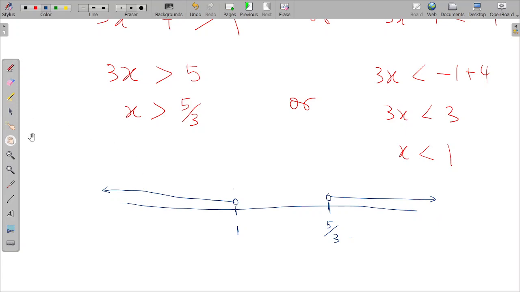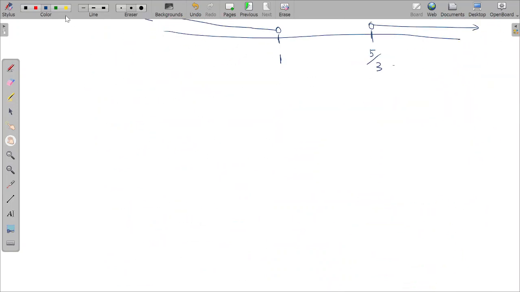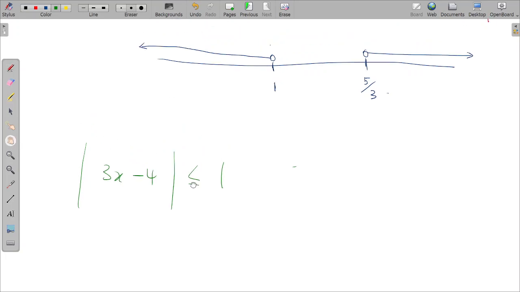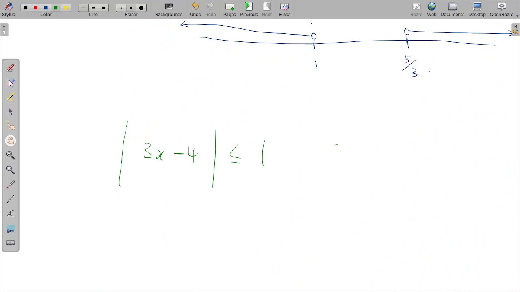So when we have the greater one, we cannot combine them together. Let me do this one for you to understand what I'm trying to say. Let me make it less than 1, so that you will not think it's because of the equal sign. How do we open this up?